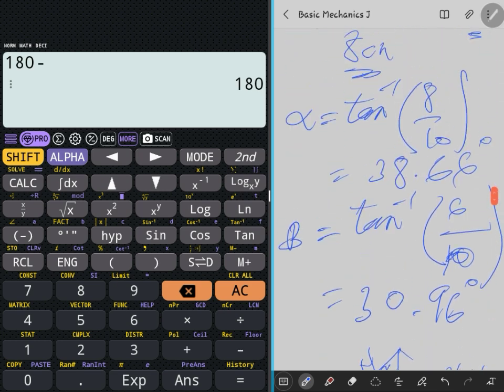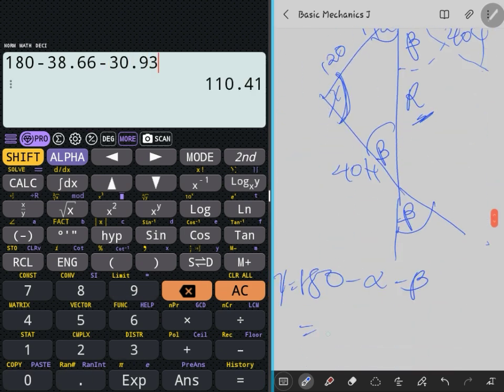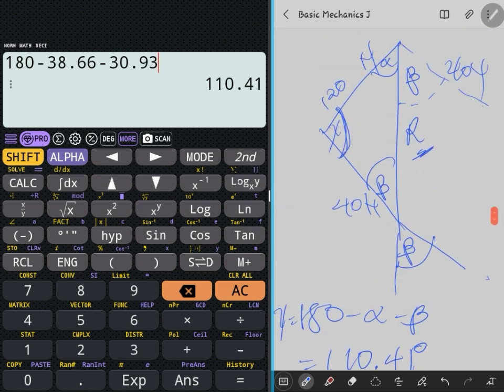So alpha is what? 38.66, right? And then we have 30.96. So 110.41 degrees. That's our gamma.